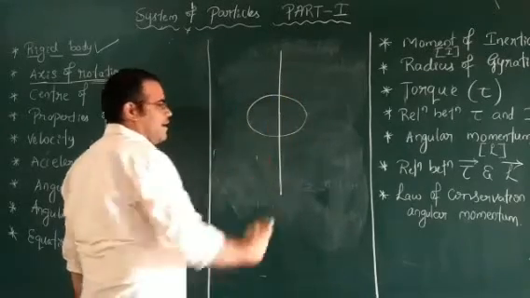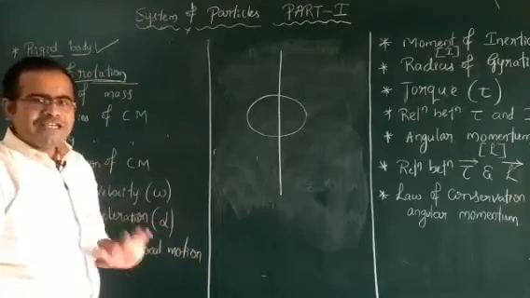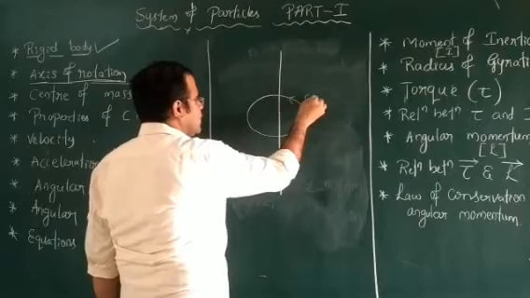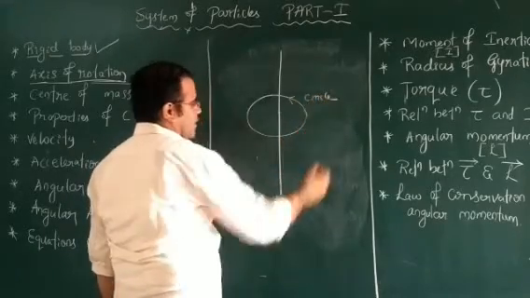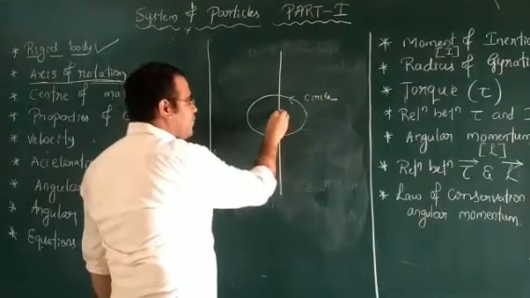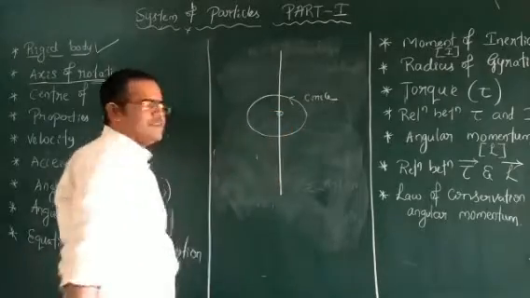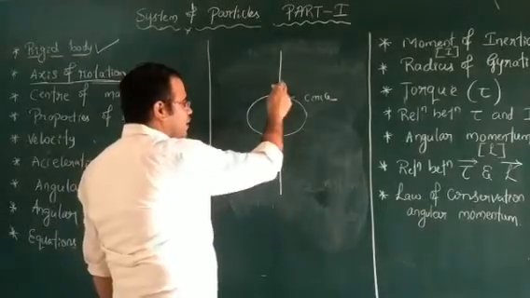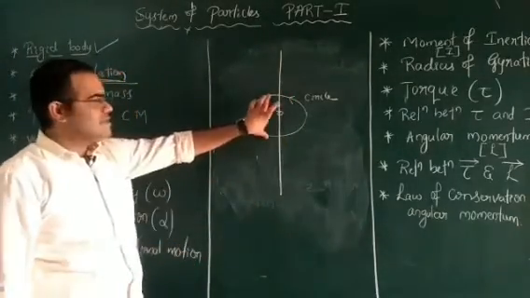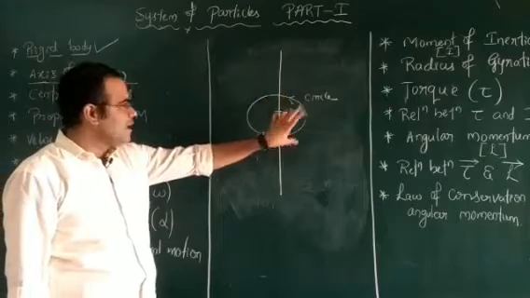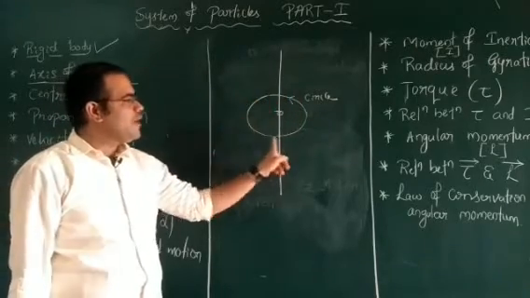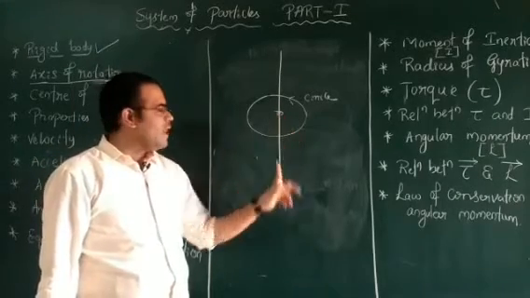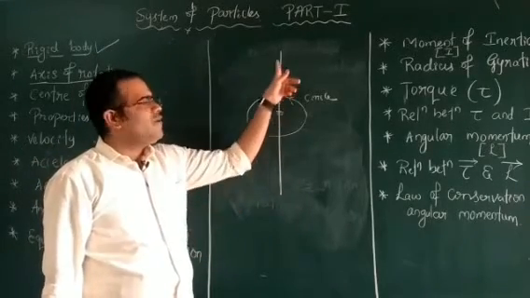So every particle in pure rotational motion is moving in a circle, and this has a fixed center. This center is fixed on the axis of rotation. For example, if I consider the first particle, it is moving in a particular circular path such that its center lies on the axis of rotation.